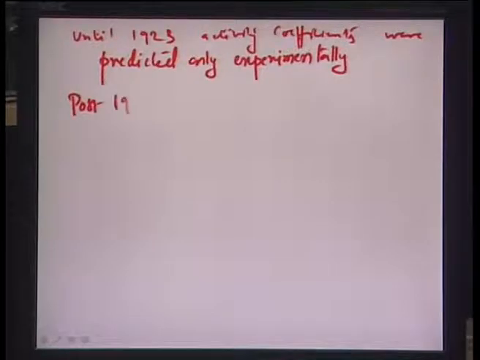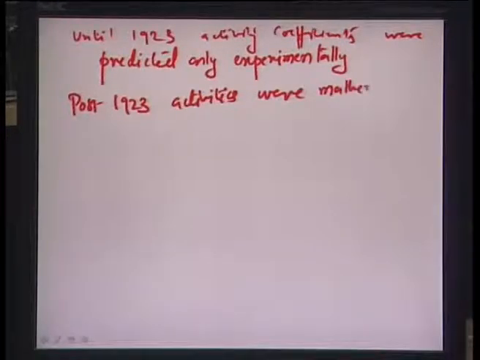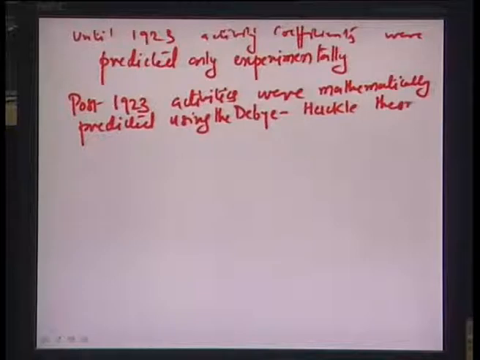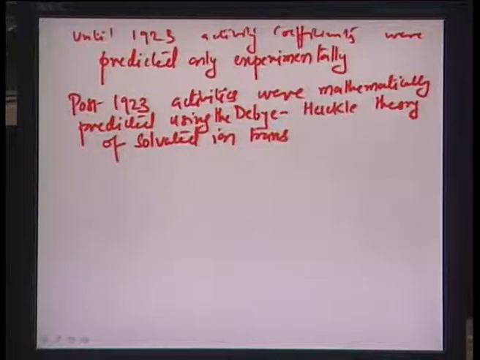Post 1923 the activities were mathematically predicted using the Debye-Huckel theory of solvated ion transport.